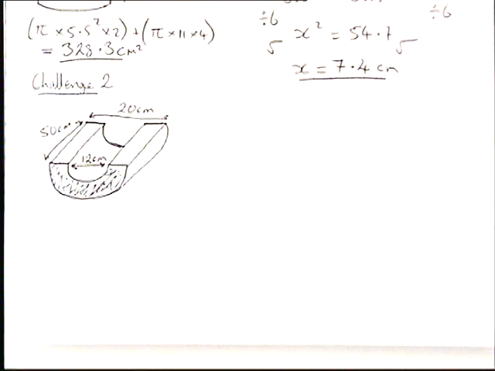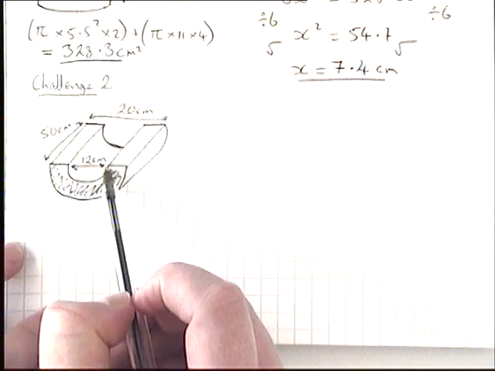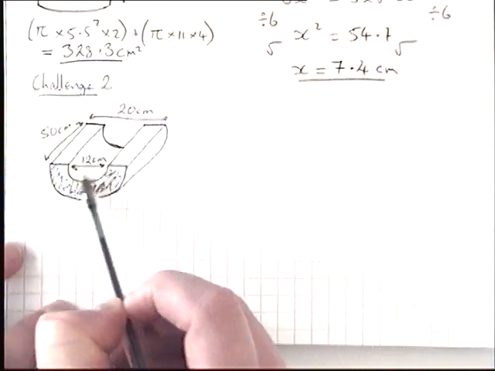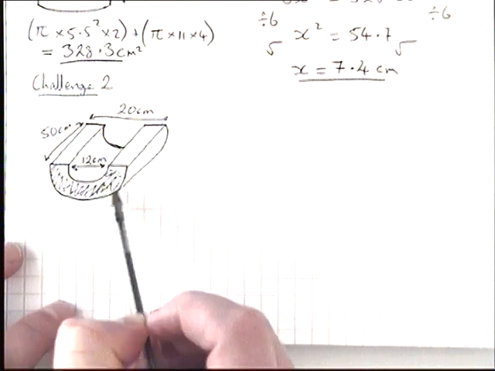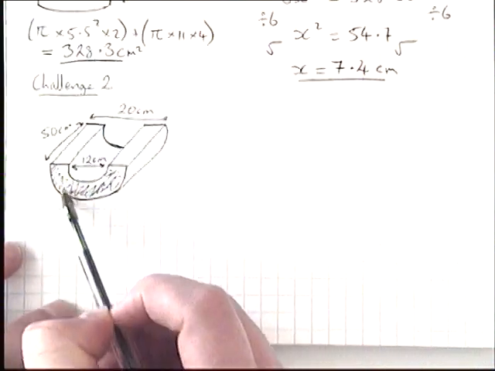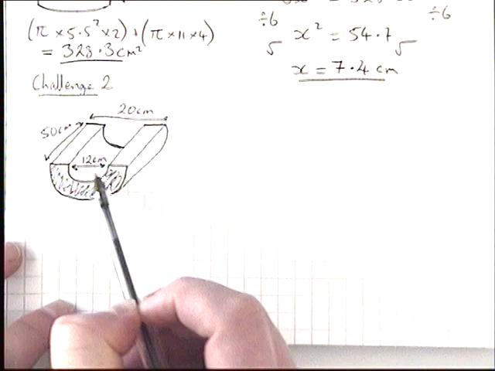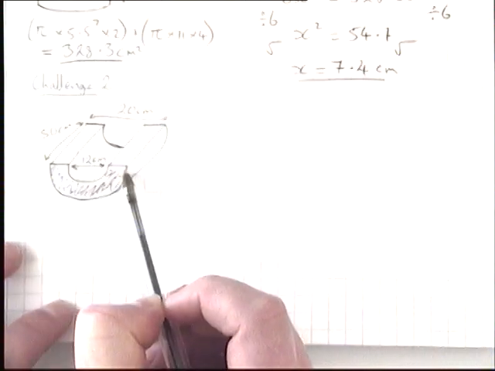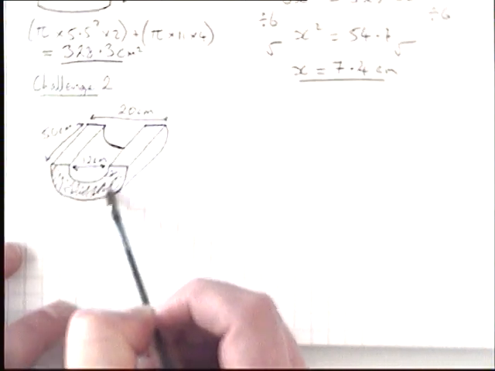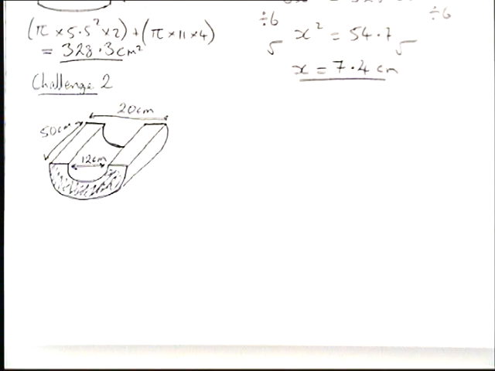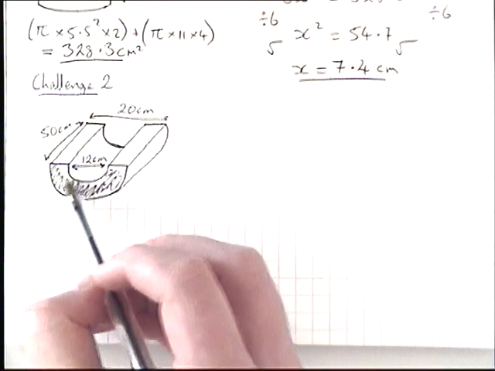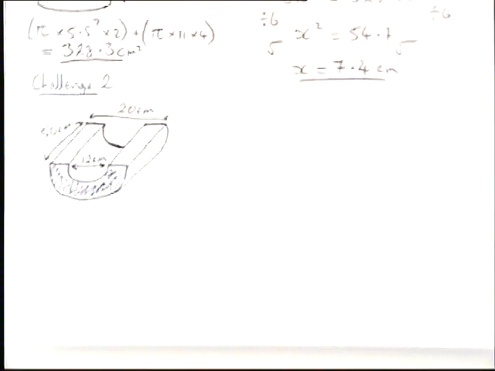Now to find the surface area of this section, we're going to have to find the area of what the smaller circle was, the area of this bigger circle, what that was, and then take the smaller one away from the bigger one. And that will tell us what was left over in the middle. And we're going to do that assuming we had full circles, and then we're going to halve it in the end to just work out what half of this bit left over is.